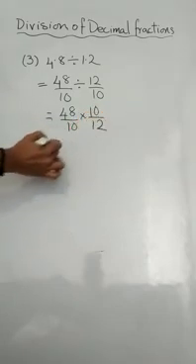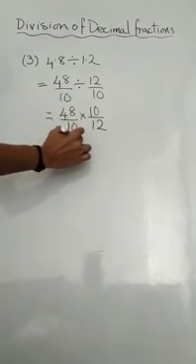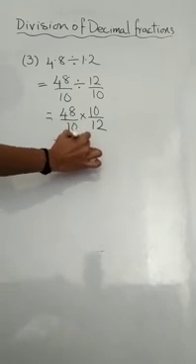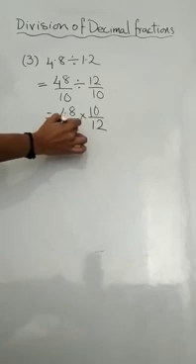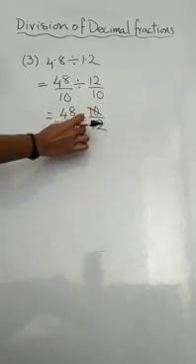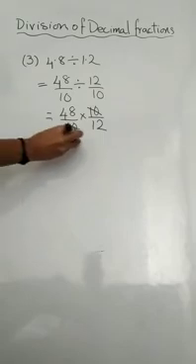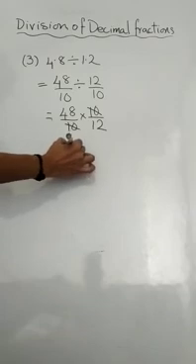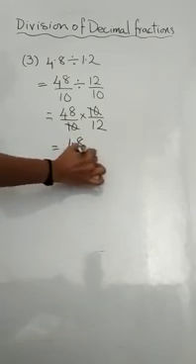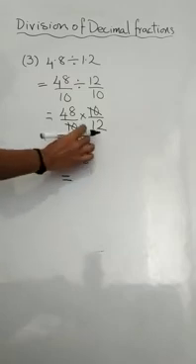Now here what you can do is, you can cut these two tens, one is in the denominator, one is in the numerator. Okay, so what will you get? You will get 48 by 12.